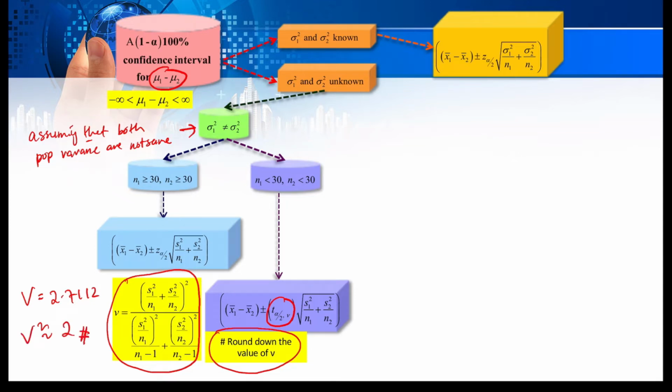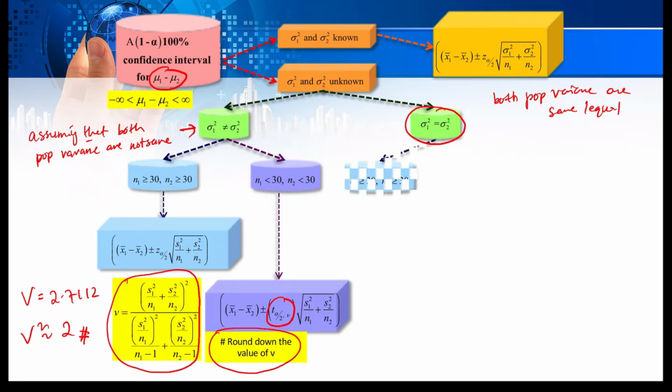Next, when they say assuming both population variances are equal, that is, the same or similar, you have to look at the sample size.